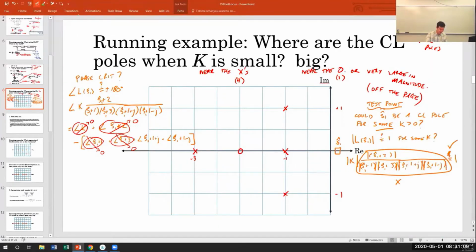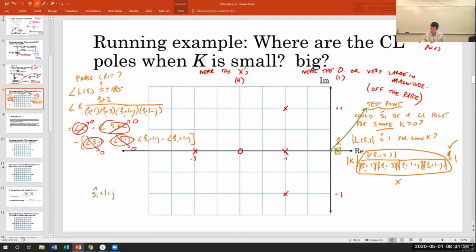If I'm trying to talk about the vector S1 hat plus 1 plus J, I can think of S1 hat as a vector, and I can think of the number 1 plus J as a vector, which looks something like 1 over and 1 up.